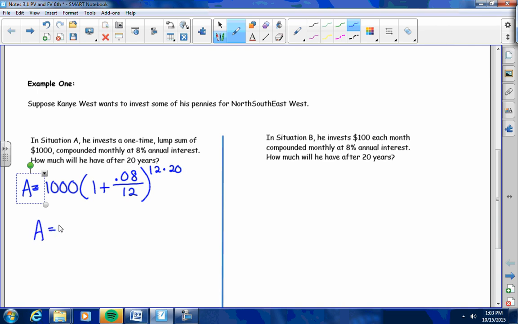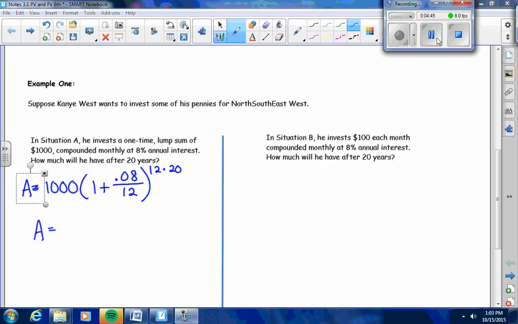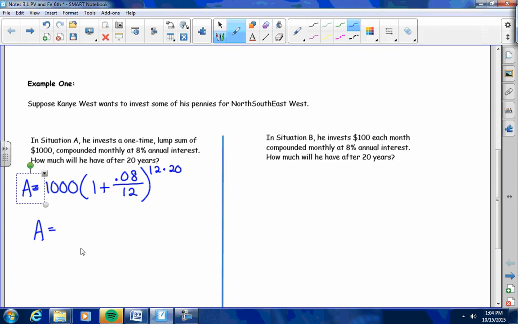All right, use your calculator and calculate that value. All right, so what is that amount? $4,926.80.